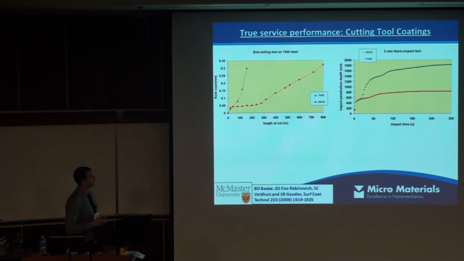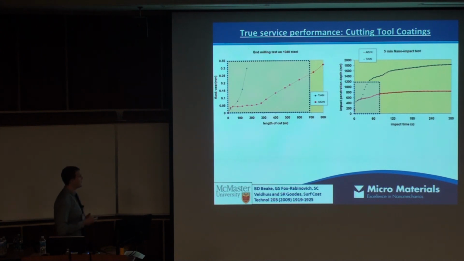Now on the plot we have the results from exactly the same two samples, but this time using Nano-impact. This Nano-impact test again runs over 5 minutes. The end milling test will actually run over many days or possibly even weeks in order to get the same kind of data. What I want to bring your attention to here is this first portion of the test, the impact test.